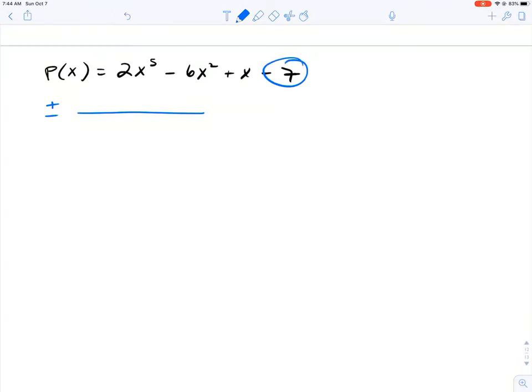So then we list the positive factors of 7, so 1 and 7, and then the factors of 2, so 1 and 2. So our possible rational zeros are plus or minus 1, plus or minus 1/2, plus or minus 7, and plus or minus 7/2. So it's all the different combinations you could get, right? So 1/1, 1/2, then 7/1, 7/2.